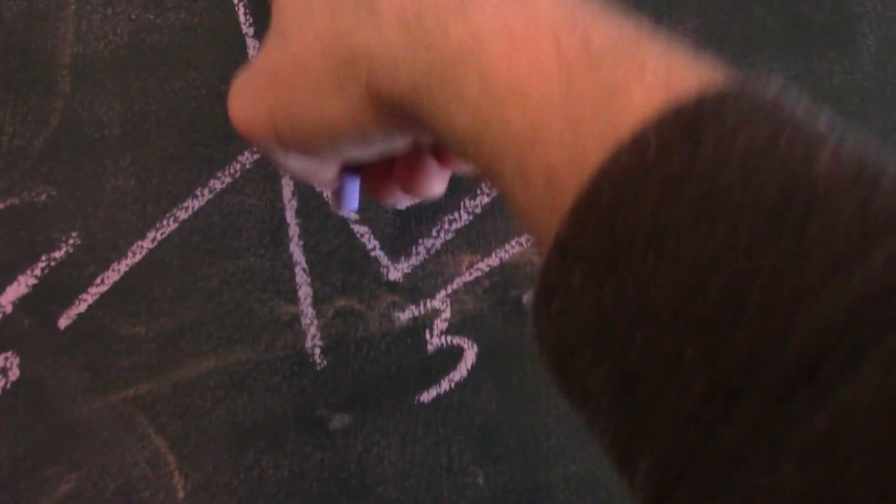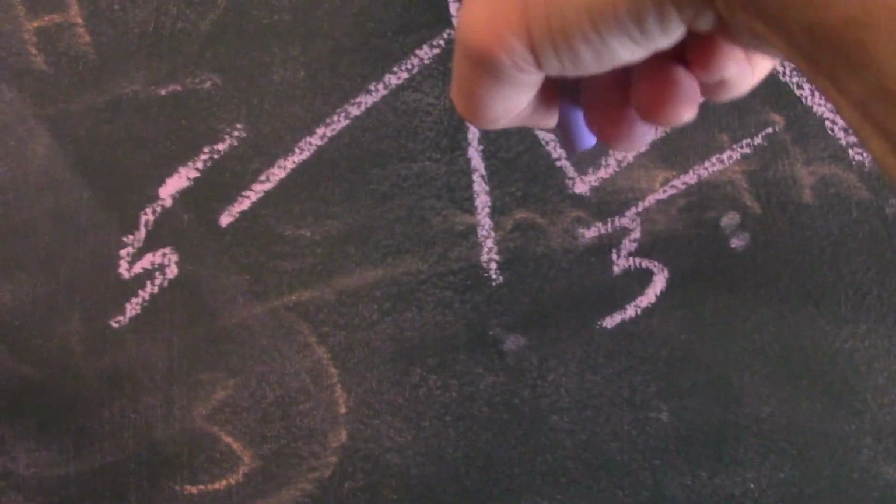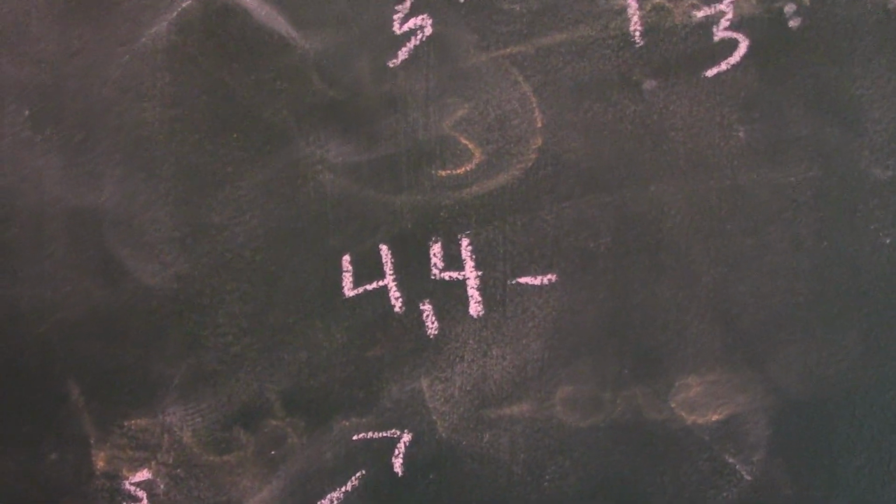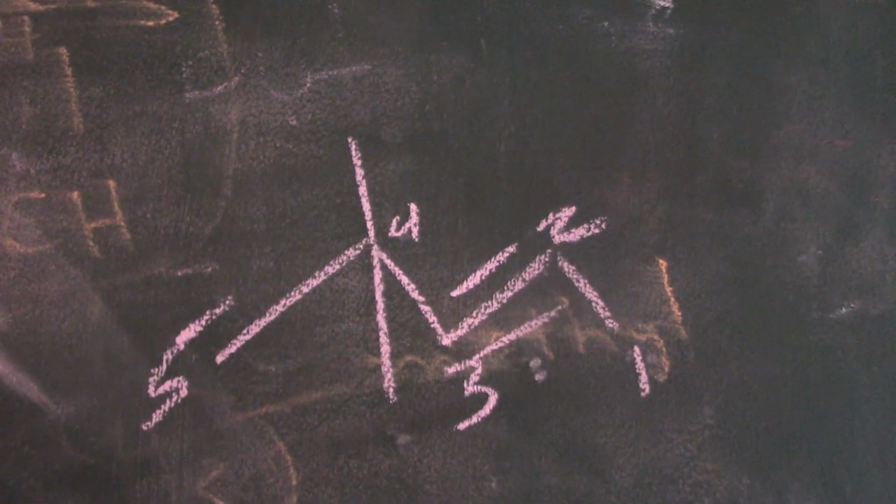And I have 2 different groups. So this is a single carbon and a single carbon. So this is a methyl group, and this is a methyl group. And these are both on carbon 4. So I have to name this. So what I have to do is name where the location of each is. So I have 4, 4. I can't just put 4, because that's only going to indicate that there's 1. 4, 4, dimethyl.